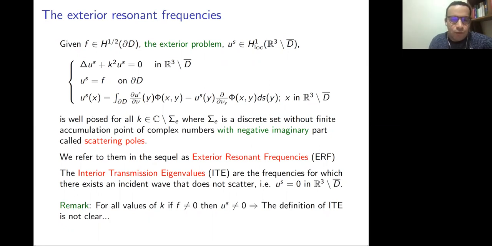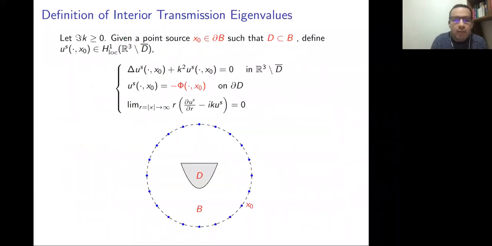In fact, to properly introduce these transmission eigenvalues, we have to go back to the scattering problem, to the scattering for point sources, and this is just a reformulation of the problem I mentioned before.